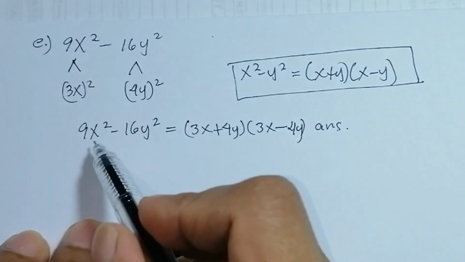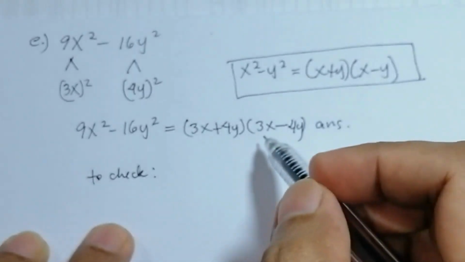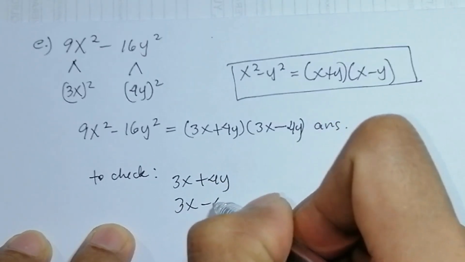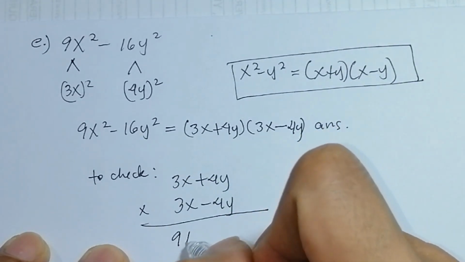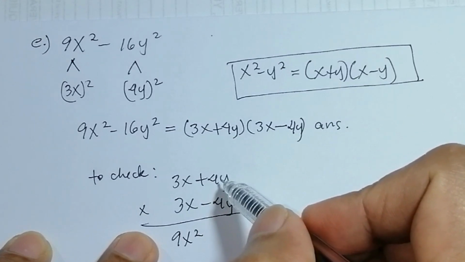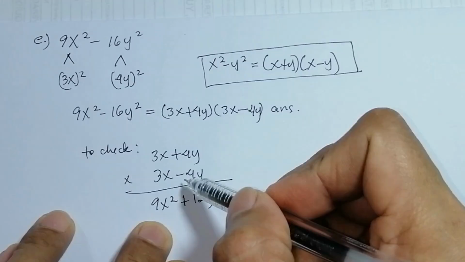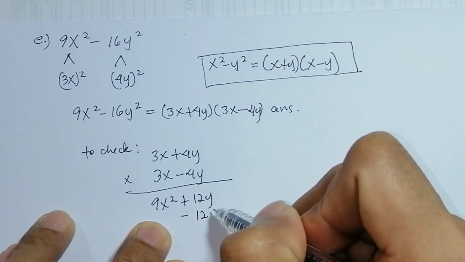Okay, the product of 9x squared minus 16y squared. So to check, again, we multiply this, 3x plus 4y, 3x minus 4y. Okay, 3x times 3x, this will be 9x squared. 3x times negative 4y is negative 12xy. And then positive 4y times positive 3x is positive 12xy.